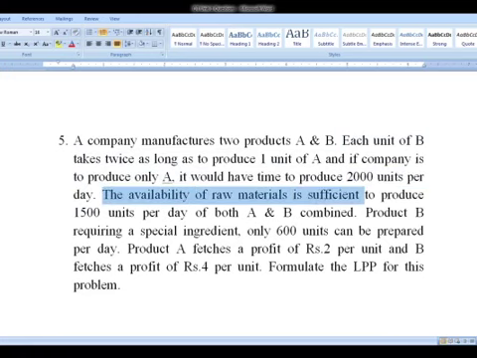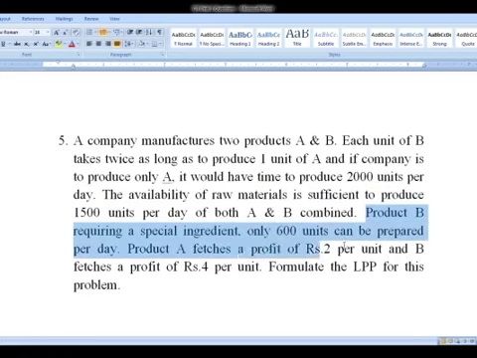The availability of raw material is sufficient to produce 1500 units per day, A and B combined. This is the second constraint. The third constraint is that B requires a special ingredient, and only 600 units can be produced per day.